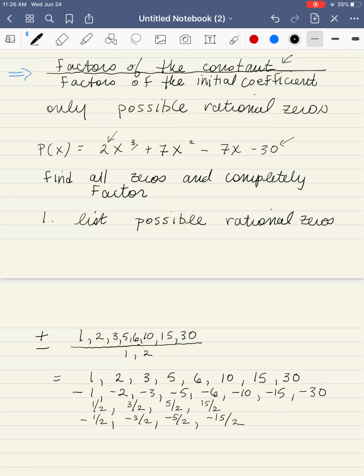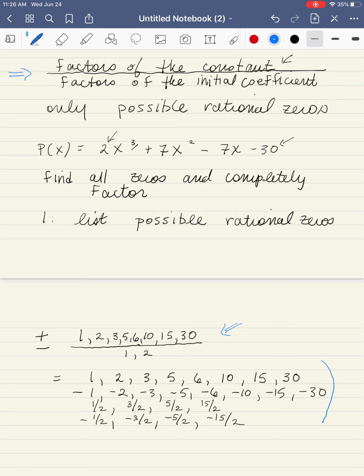And then the negative version of every one of these. So what the possible rational zeros theorem says is that if this polynomial has rational zeros, they must be one of these listed numbers. This way of writing it is a shorthand way of writing it, and it's perfectly fine if you just write it that way, but it's important that you understand that it really includes all of these numbers.